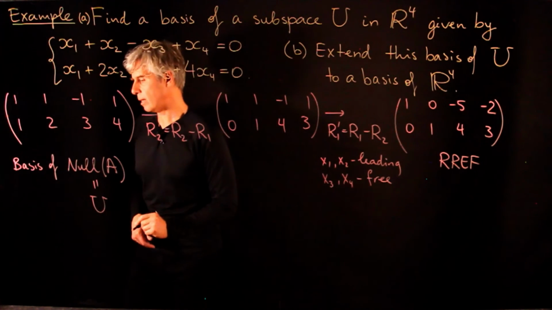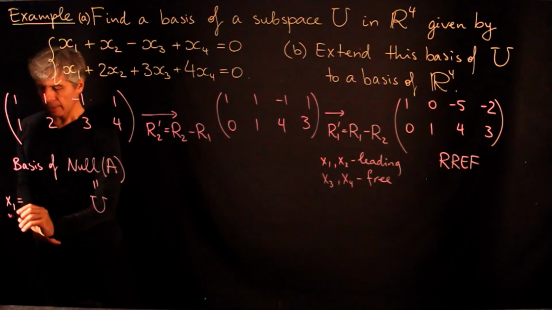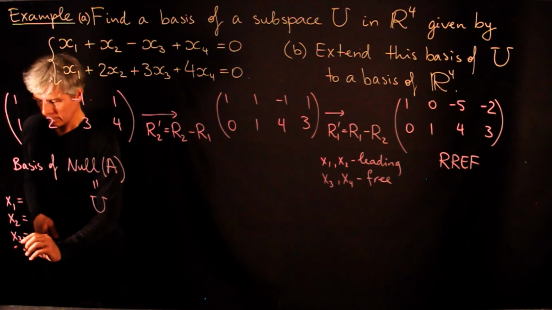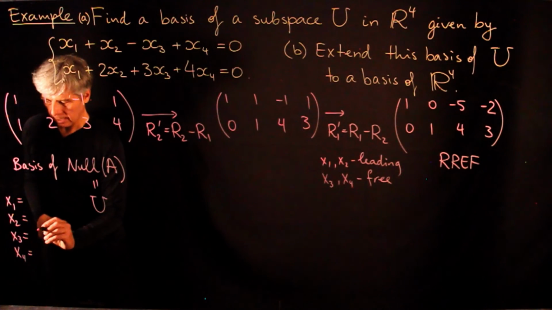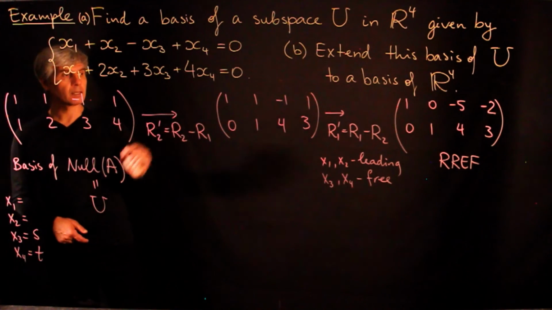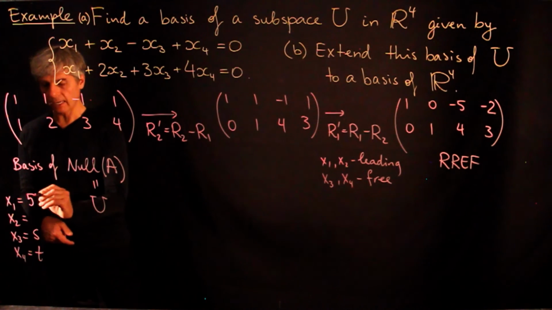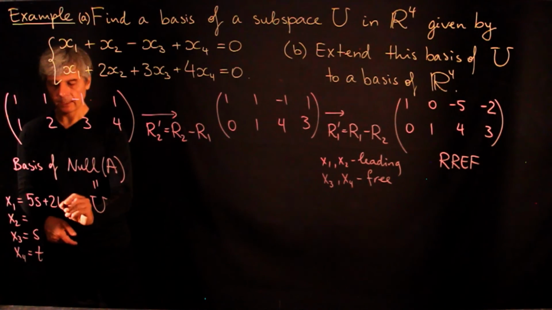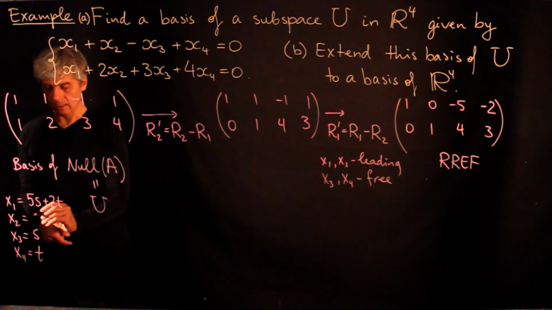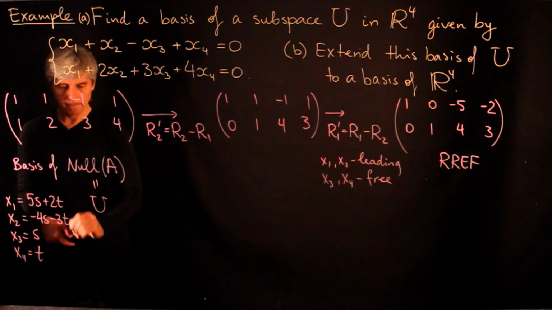And we write down the general solution by assigning parameters to free variables. So we say x3 is s, x4 is t, and from the first equation we see that x1 is 5s plus 2t, and from the second equation we see that x2 is minus 4s minus 3t.